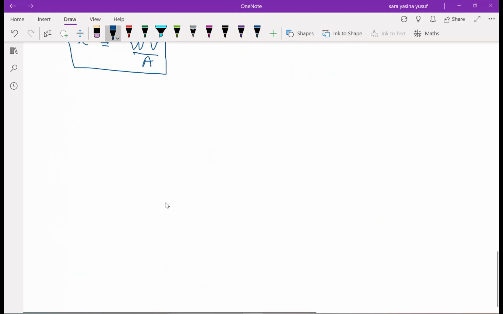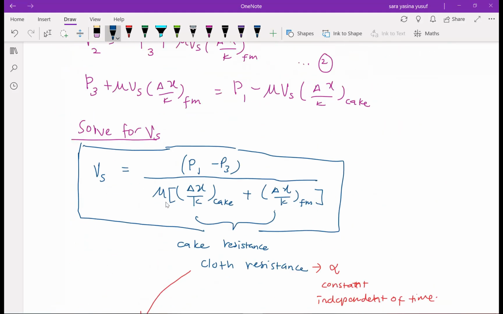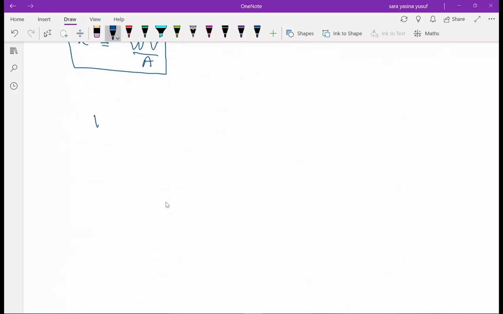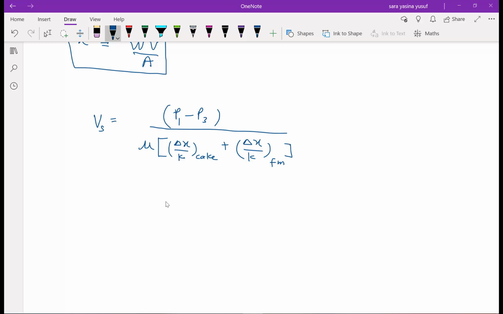Now I'm going to write the Vs expression again here: P1 minus P3, for cake, for filtering media. And you may also replace this with alpha, the same.